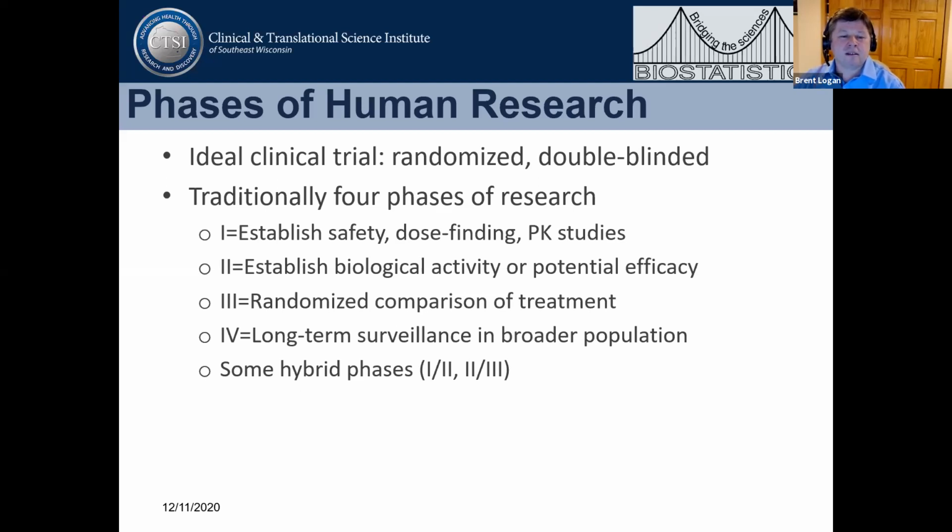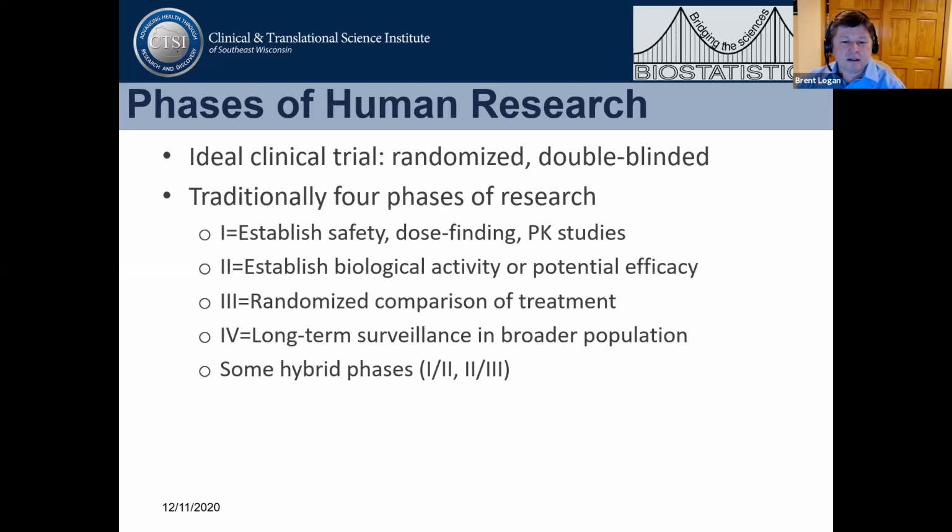Phase 2 is meant to establish biological activity or potential efficacy and explore the potential populations that a treatment should be used in. Phase 3 is typically that gold standard randomized trial. And then phase 4 involves long-term surveillance in a broader population.